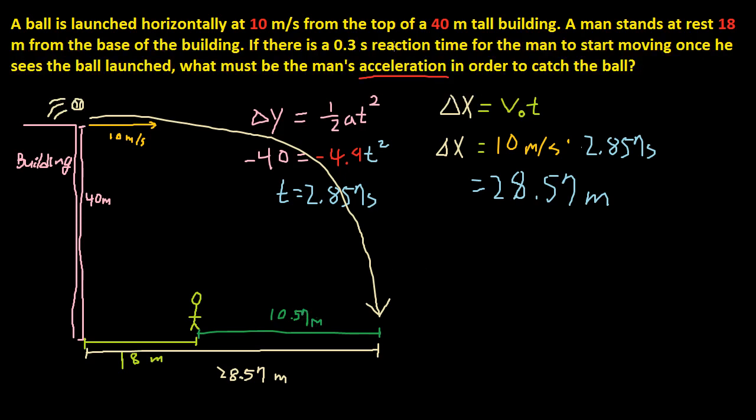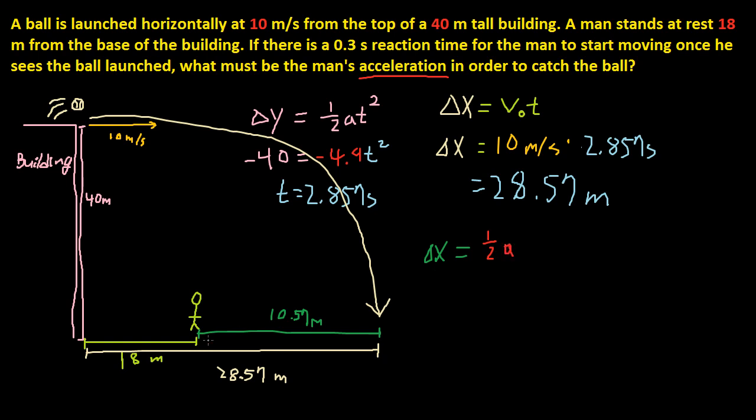Now we have how much this guy needs to move, but our catch is his reaction time. How do we account for his reaction time? Well, let's see. Delta x is v naught, which is 0, plus 1/2 a t squared.